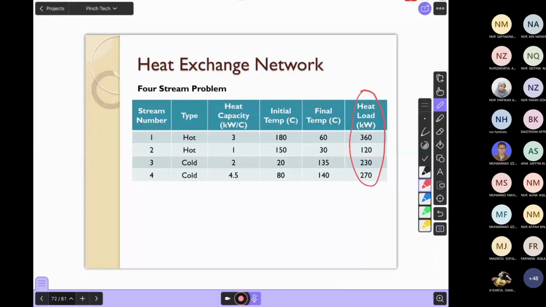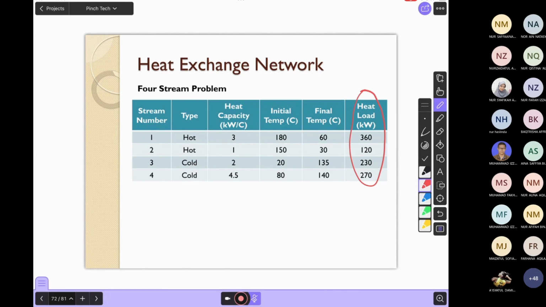I've explained to you already. The objective is given already where you need to know the initial temperature and the final temperature of your stream, because that is needed by the equipment if you need to use the materials in the stream for other processes.